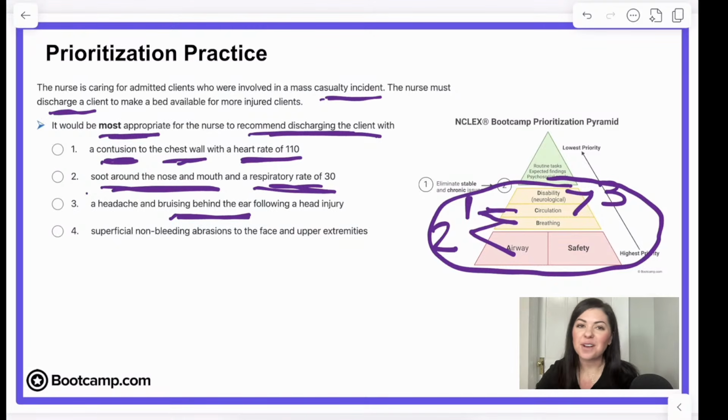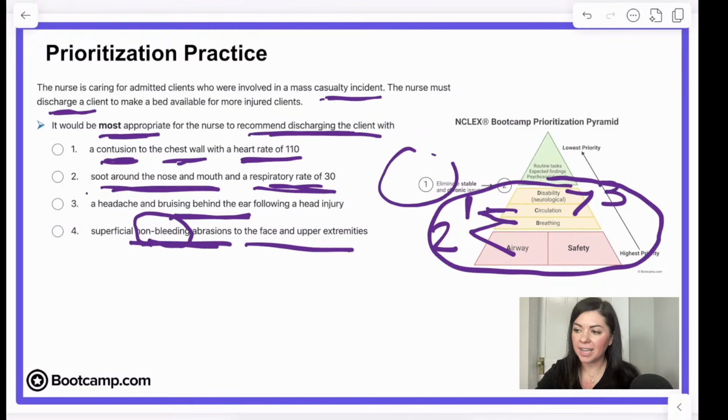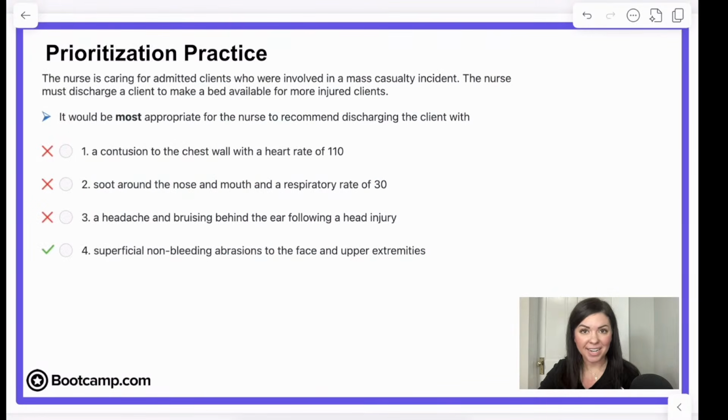And then I know y'all loved 4. And so we have superficial non-bleeding, keyword non-bleeding, abrasions to the face and upper extremity. So that is a stable client and that person, I would feel safe sending them home. So we got it correct again.